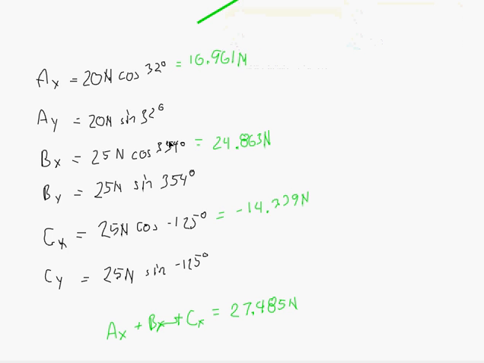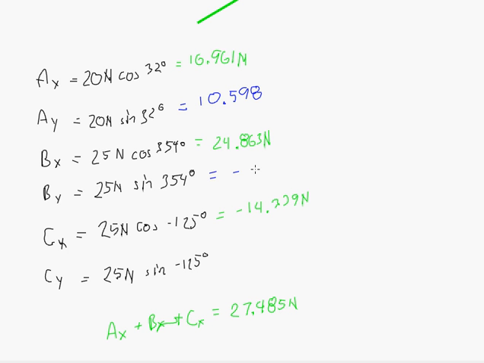Let's pick a nice blue color. Let's do this. 20 sine 32 equals 10.598. Okay, then 25 sine 354. Enter.